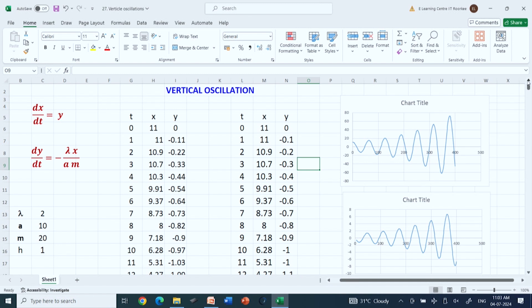So the conclusion is that this one is the graph of x, and this one is the graph for y, where x dot is equal to y. So this is basically the velocity and this is basically the distance which you solve from here. And both the curves are periodic in nature, which confirms that there is a vertical oscillation.